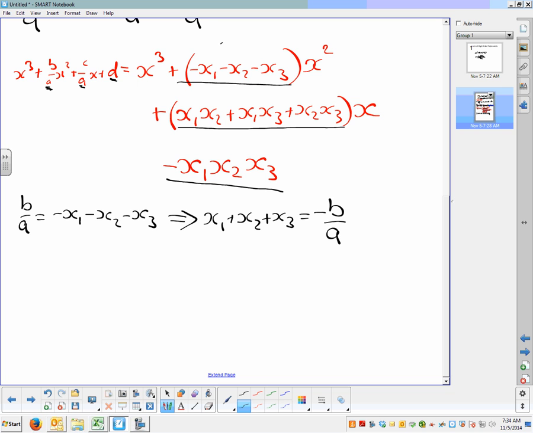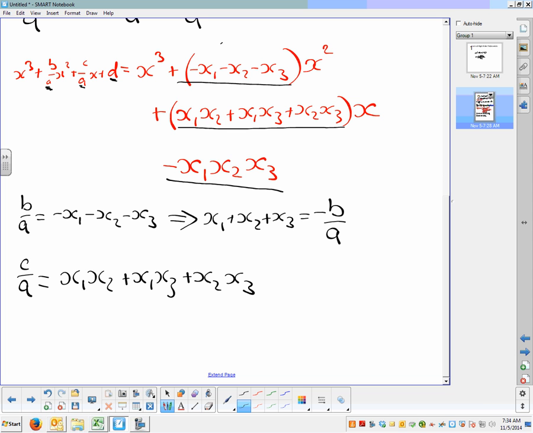Just multiplying everything by minus 1. Comparing the coefficients of x, we get c over a is equal to x1 x2 plus x1 x3 plus x2 x3. The sign on that one is already positive, so I don't need to do anything with that.